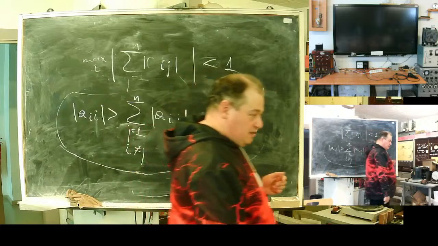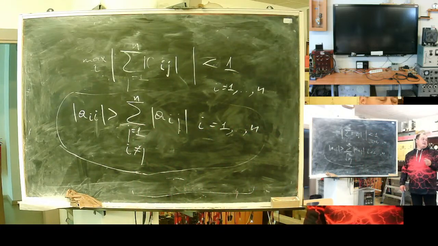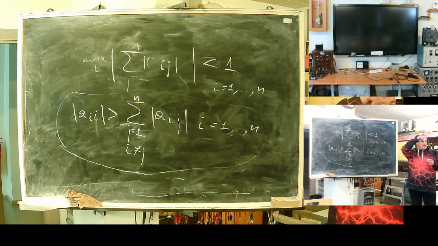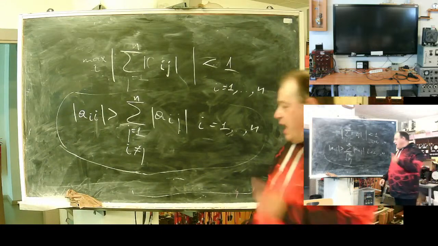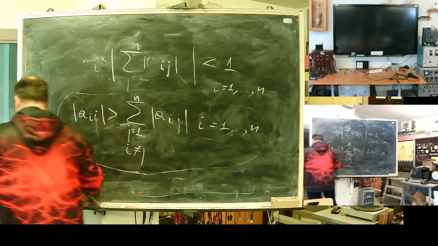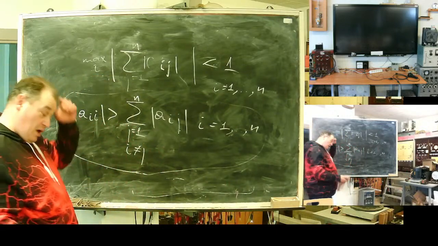Jacobi technique requires only n square numerical operations. It's a difference between third degree and second, and it's a lot. And it can be improved in the future. How can it be improved?